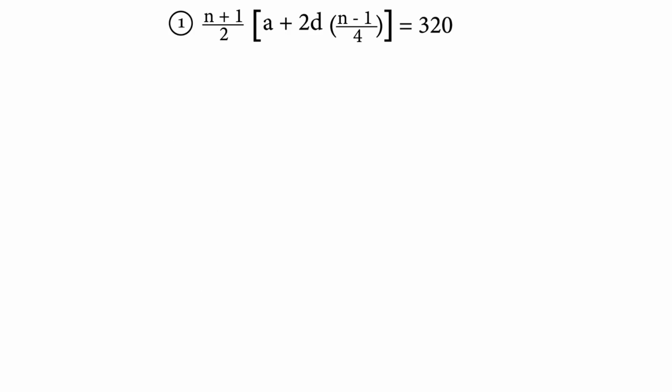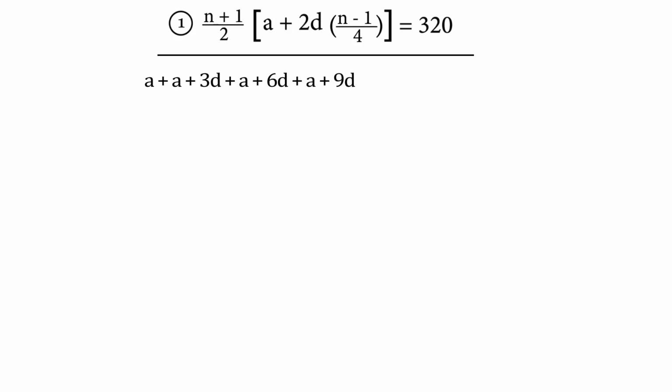So the first term, then the fourth term, then the seventh term, the 10th term, and so on, are all added up to and including the last term, which is a plus (n minus 1)d. And that is all equal to 224.